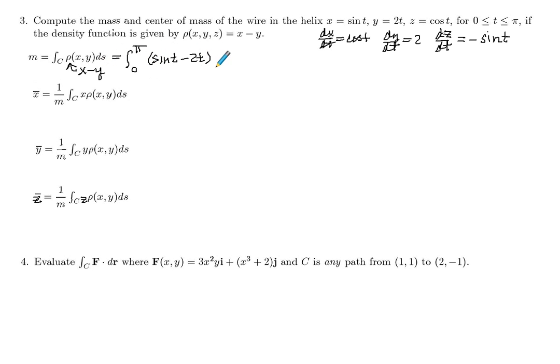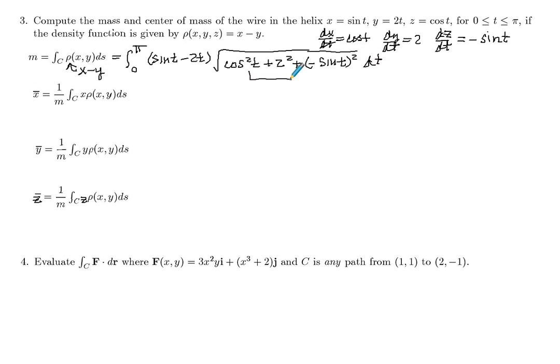And then times ds, which is going to be square root of dx dt squared. So we've got a cosine squared t in there, plus dy dt squared, 2 squared, and then plus dz dt squared, so it's a negative sine t squared, which is the same as positive sine squared, dt.